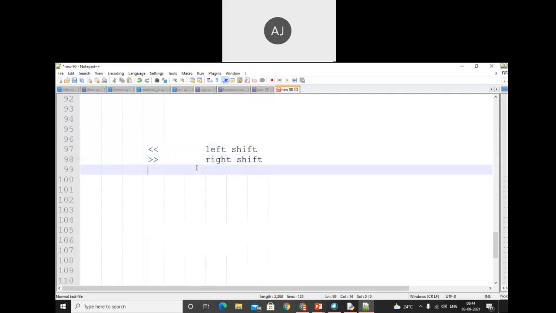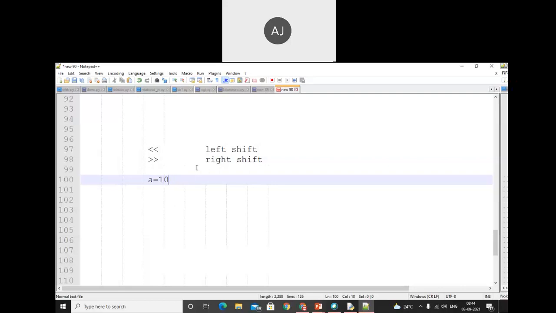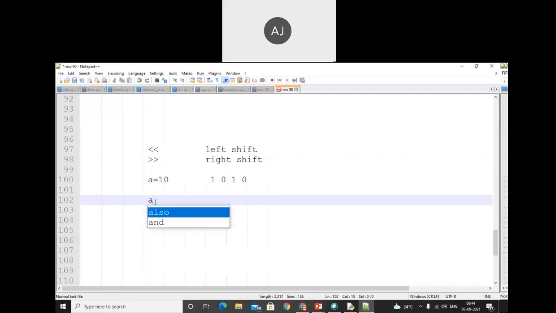Assume that we have a variable a whose value is 10. First of all, we need to convert this into binary. So here I'm writing 1 0 1 0, the binary of 10. When we use a left shift, that means the variable a will be shifted left by 2.